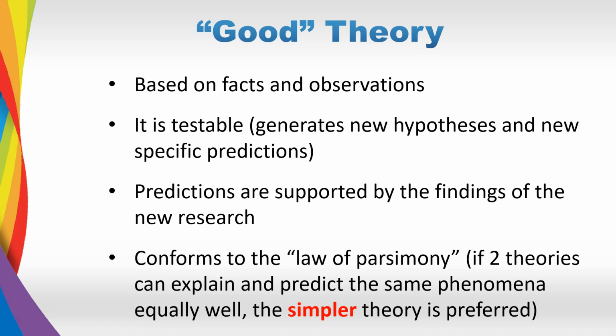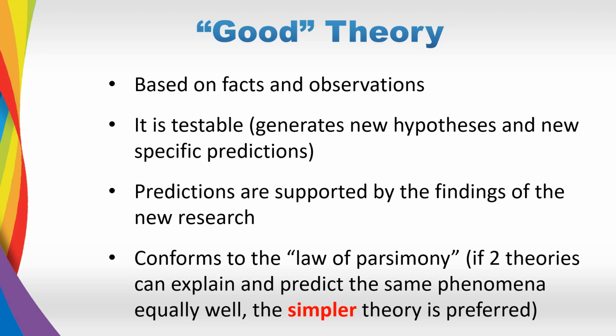Predictions are also usually supported by the findings, but because it's also testable, it means that maybe you don't get the support, right? So a theory in general is something where you can find support or fail to find support. So a good theory would have that support.